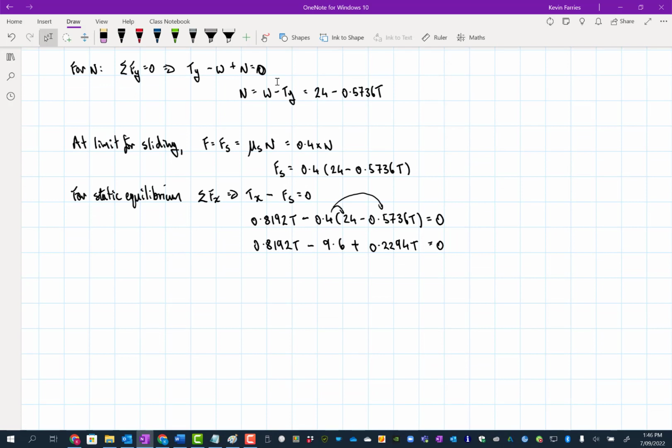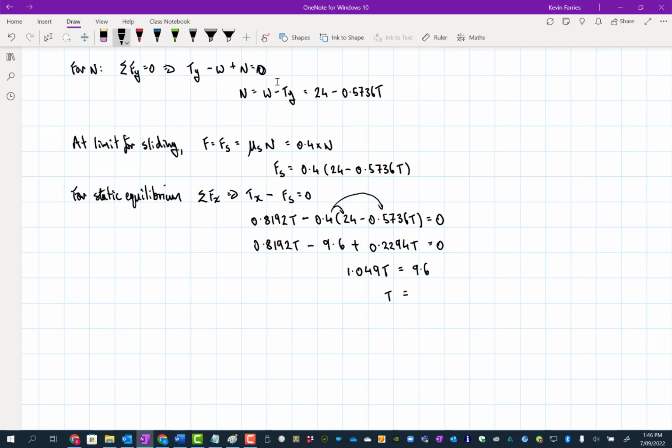So we are going to get 0.8192 plus 0.2294 times T. That's 1.049 T is going to be equal to 9.6.